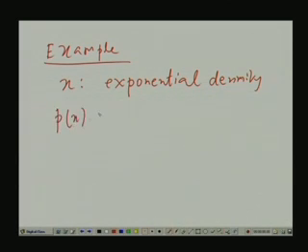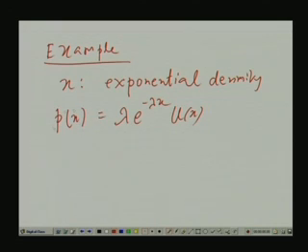p(x) is actually lambda e to the power minus lambda x, u(x). u(x) means it is a unit step function: for all negative x this is 0, and for all x greater than or equal to 0 this is 1.